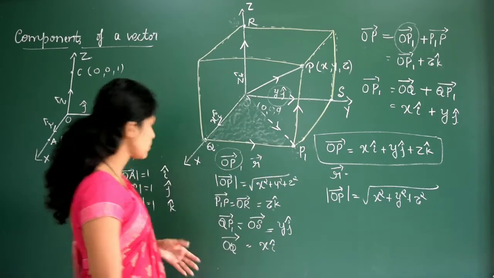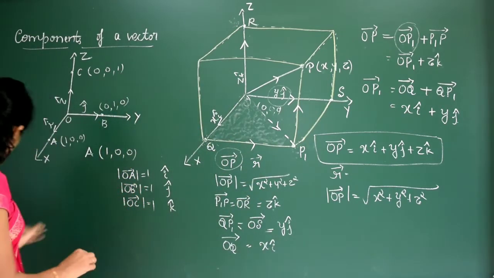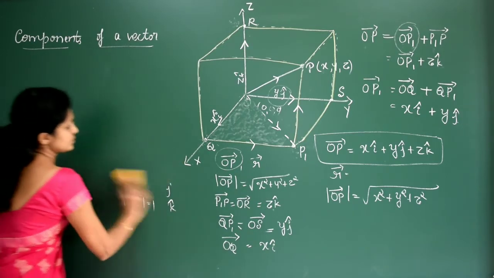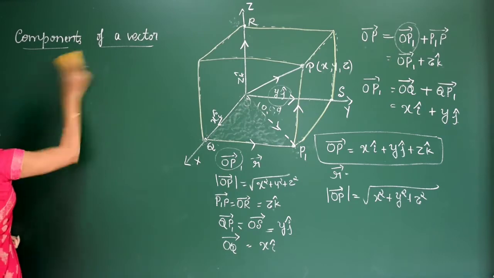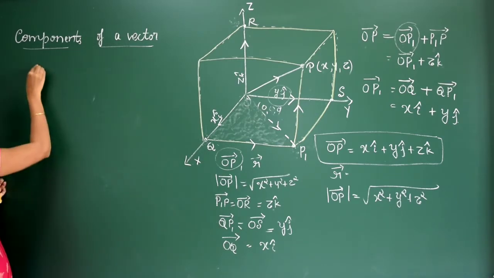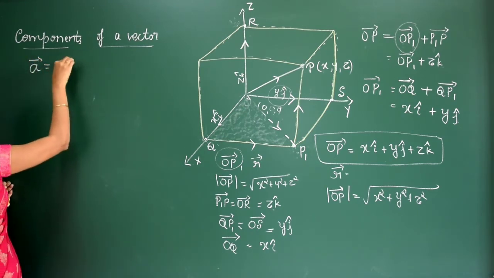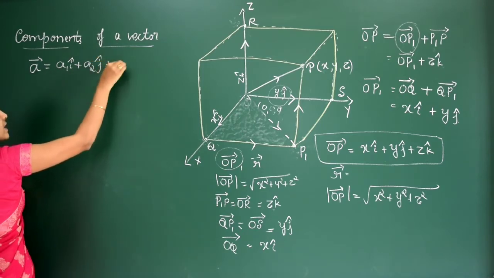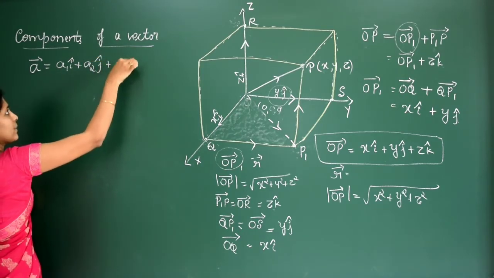Now we will see how to add two vectors. Simple it is. You just need to add the corresponding elements, that's it. See, if I consider A is a vector with elements A1 i cap plus A2 j cap plus A3 k cap, is it clear?